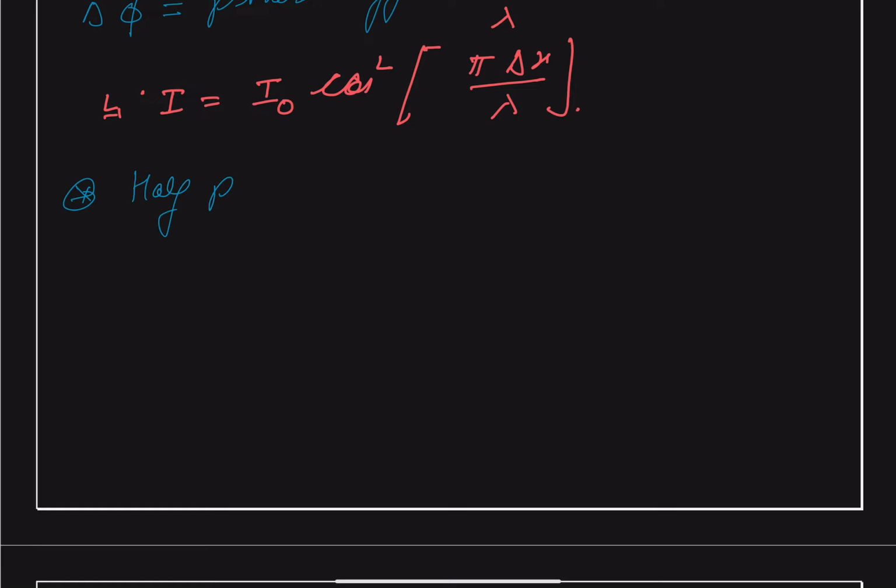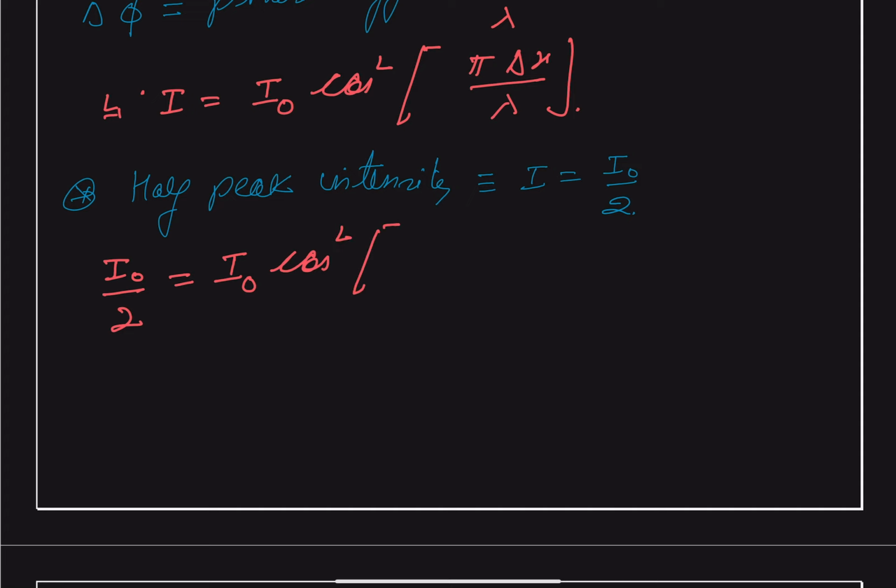Half peak intensity, which means our I is equal to I naught divided by 2. So we substitute it, we get I naught divided by 2 is equal to I naught cos square, and we have this as pi delta x upon lambda.